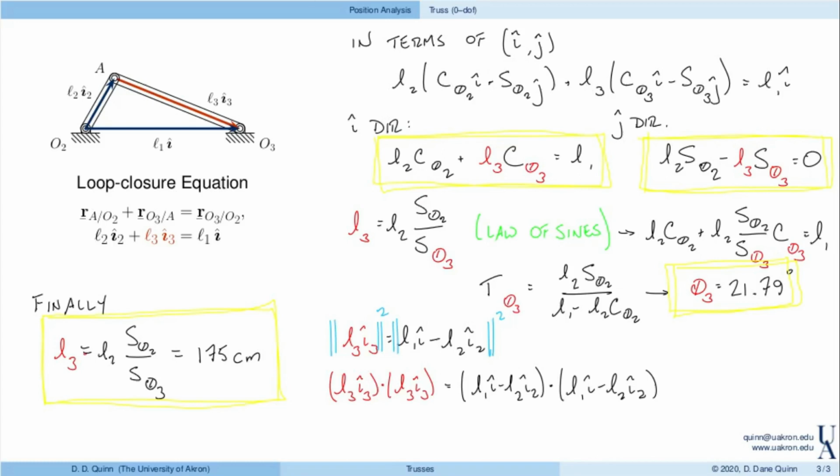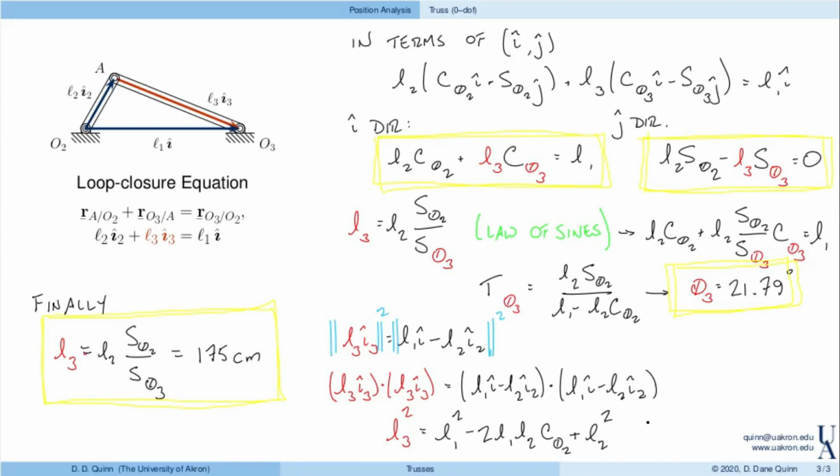So this left-hand side is easy, because this is just L3 I3, and I3 is a unit vector, so we end up with L3 squared. And then the right-hand side, I can work this dot product out. This might be a good time to pause and do it for yourself. But I get L1 squared minus 2 L1 L2 cosine of theta 2 plus L2 squared.